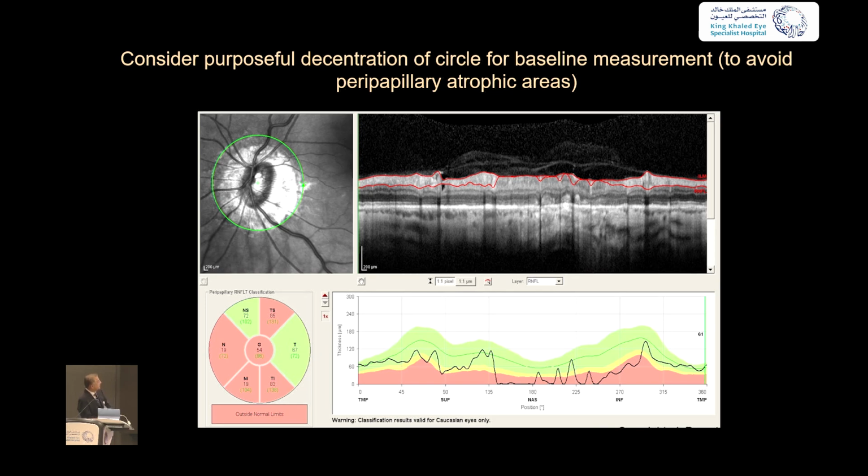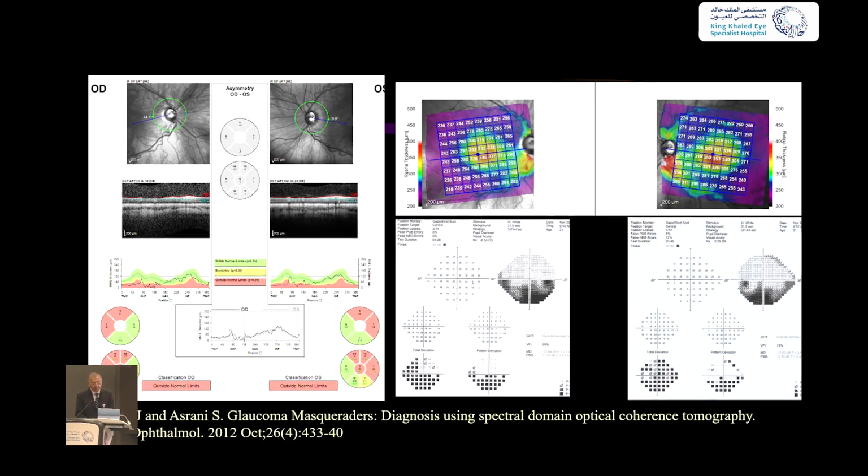If this thickness is completely normal, there is no glaucoma. You can actually visually see that, because glaucoma first affects these areas. This is getting confused because of peripapillary atrophy.